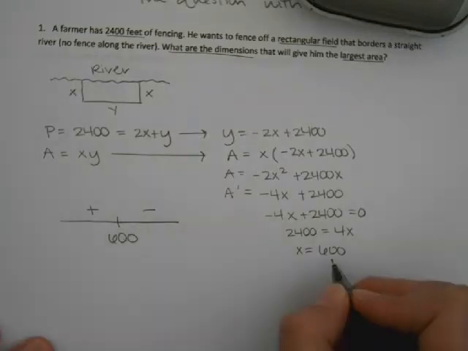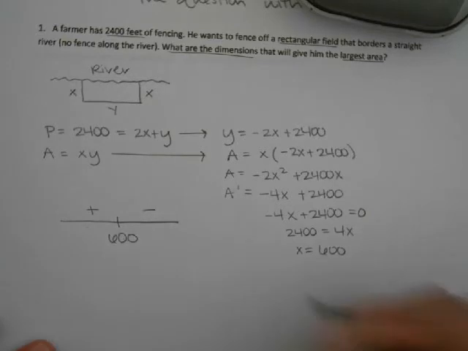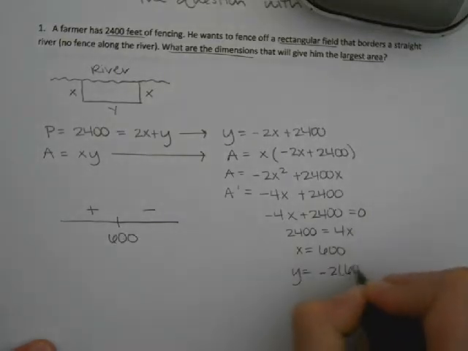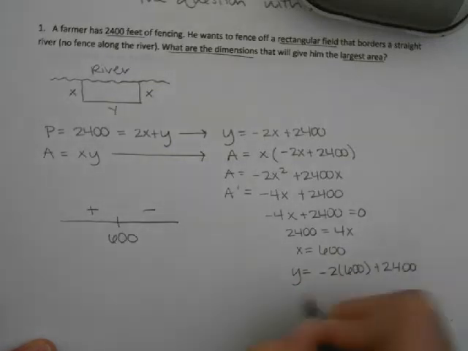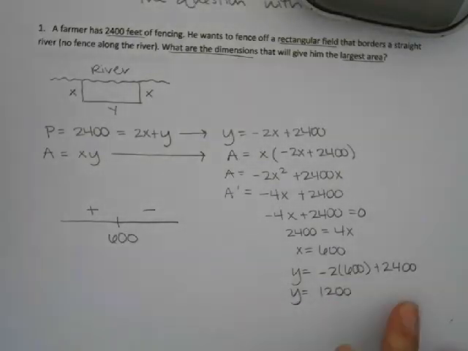So if my x is 600, then I want to be able to figure out what my y value is, and so I know that y was negative 2 times x plus 2400, and that tells me that my y value is 1200. So at this point, I've done all the math.